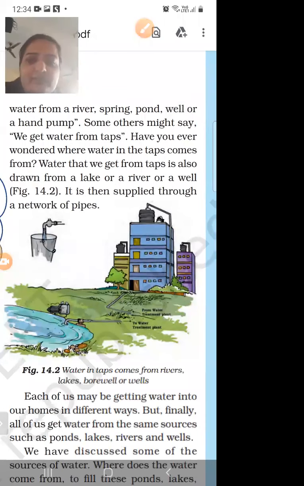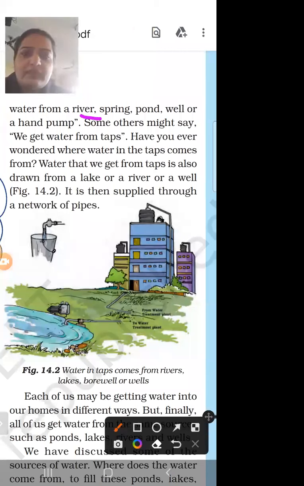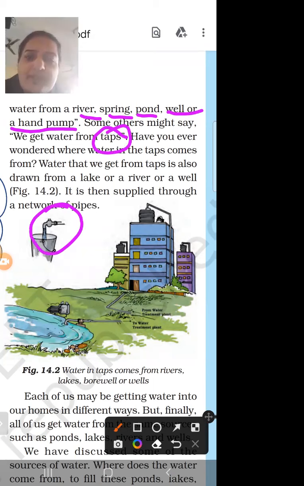So what are the sources of water? River, pond, spring, well, and a hand pump. And where do we get water? We get it from the taps. And where does the water in the taps come from?